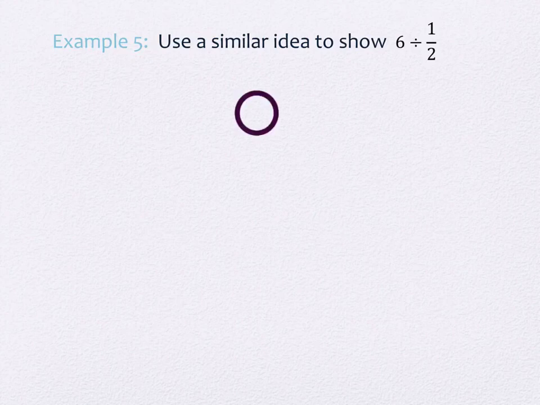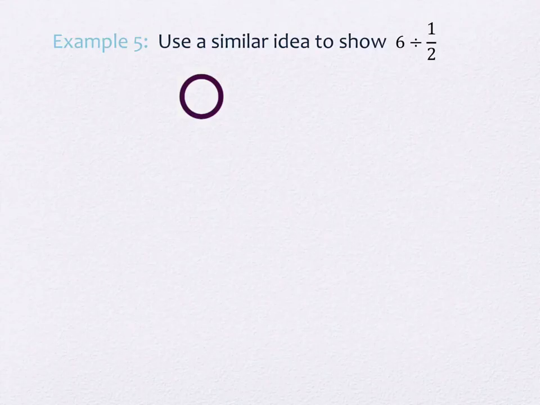So let's do our same 6 cookies that we had before. That wasn't what I wanted to do.